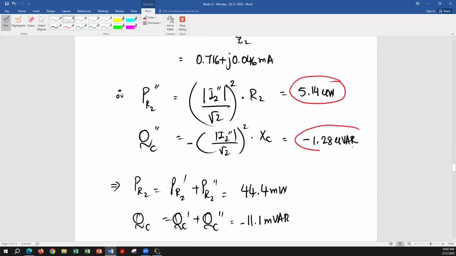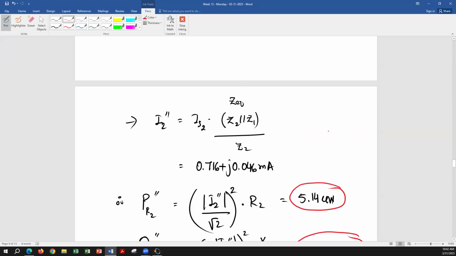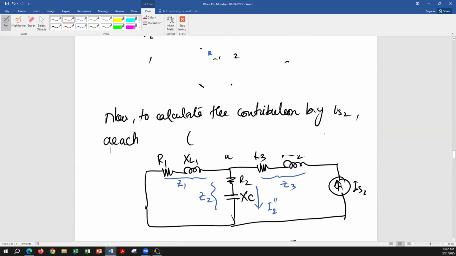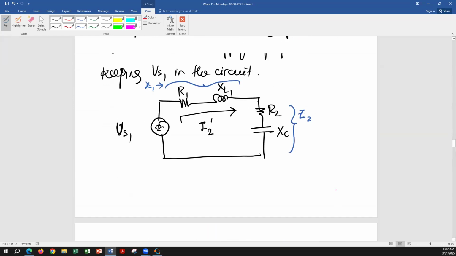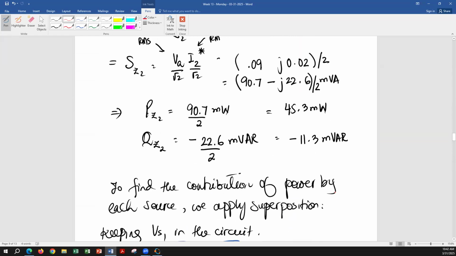Contribution from source 2, contribution from source 1, and when you sum up those things, you're going to get the total power in the resistive part and in the reactive part. I should put down here.